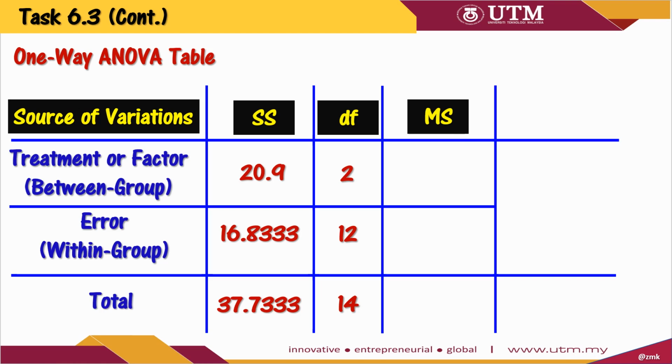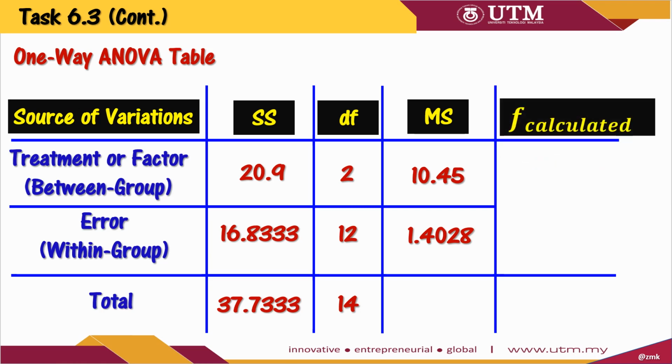Therefore, the treatment mean square MSTRT is 20.9 divided by 2, giving you a value of 10.45, whereas the mean square error is obtained by dividing 16.8333 by 12, giving you a value of MSE equal to 1.4028.